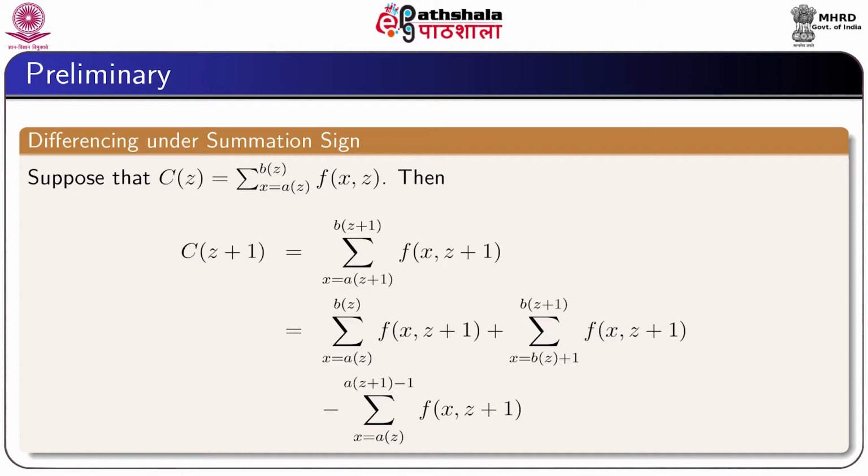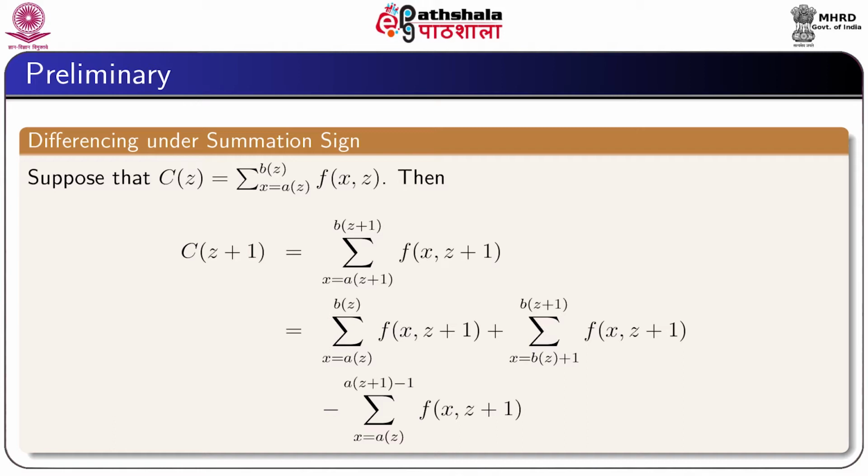Now, this summation can be decomposed as sigma A(z) to B(z) of f(x, z+1) plus sigma B(z)+1 to B(z+1) of f(x, z+1) minus sigma A(z) to A(z+1)-1 of f(x, z+1).